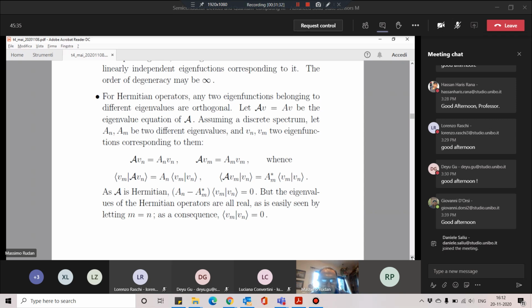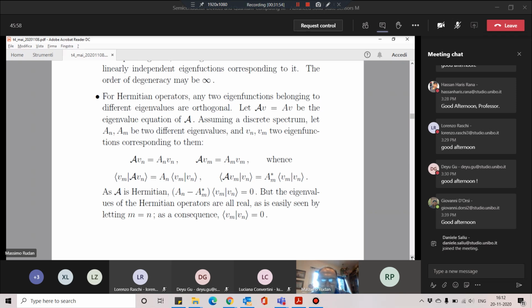In the right-hand side, of course, An is a number. It may be complex, okay? We don't know yet. But we can take it out of the scalar product, okay? So we obtain the first relation in the second line.